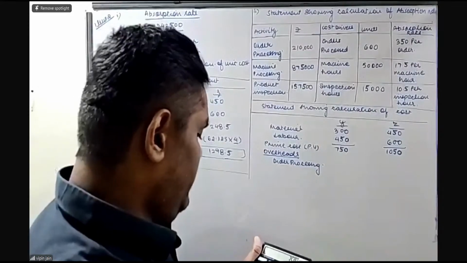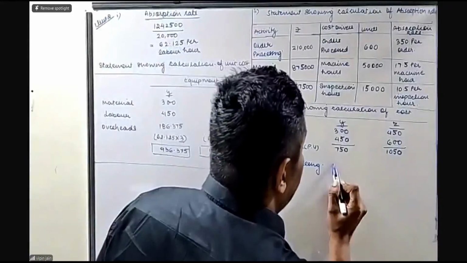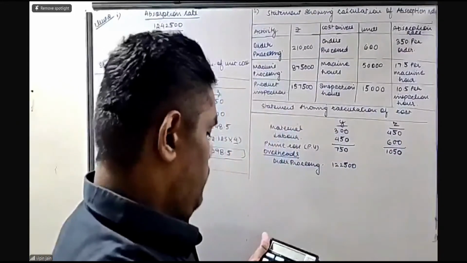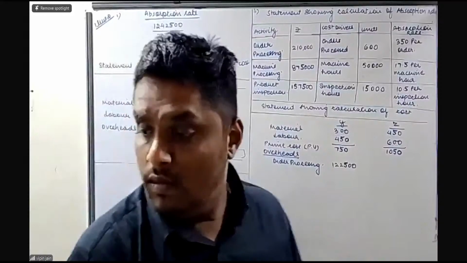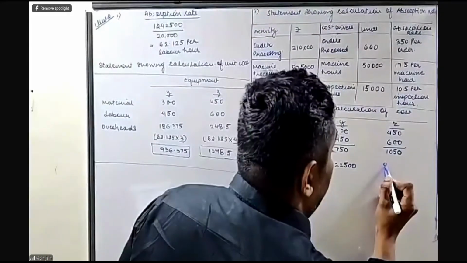So 350 into 350, this is 122,500. This is 87,500.